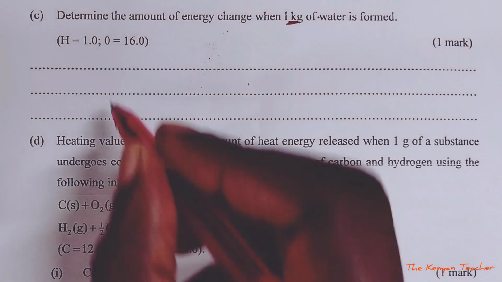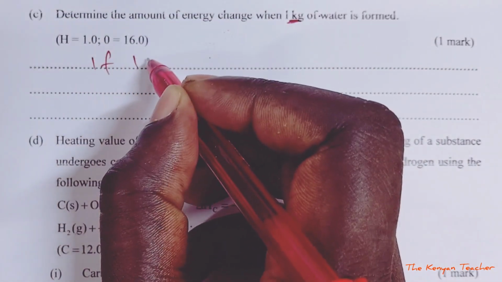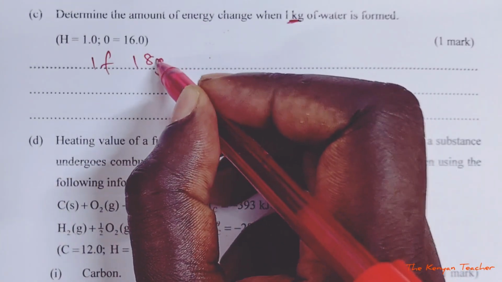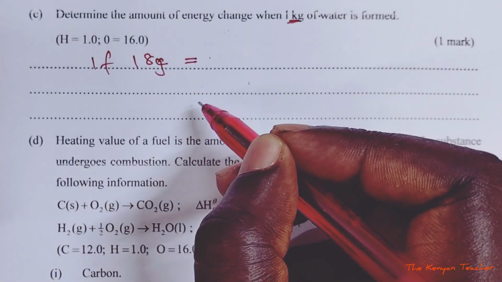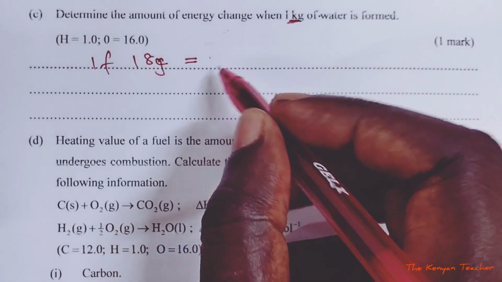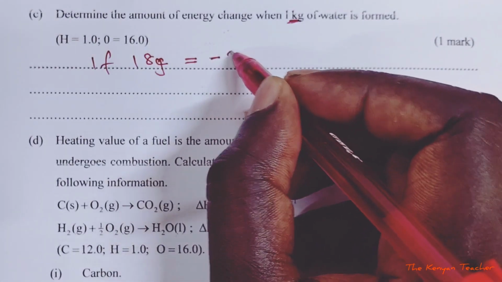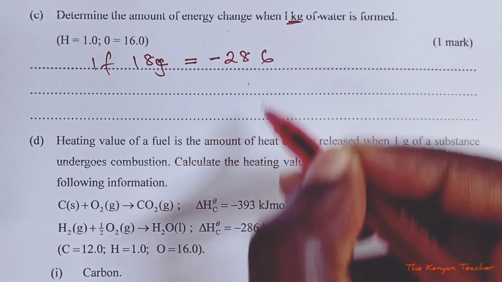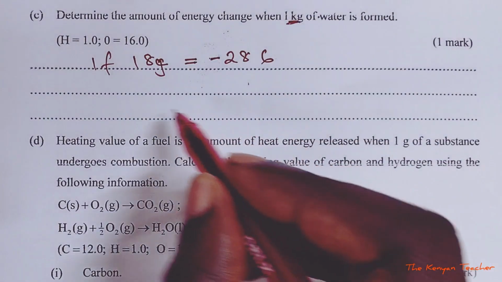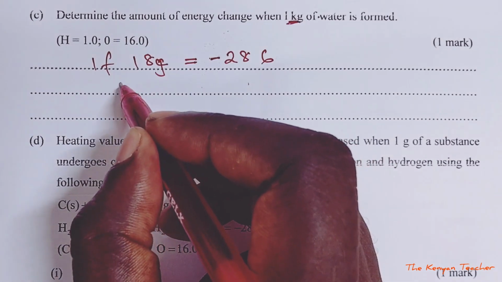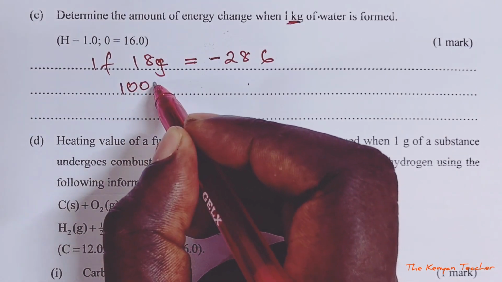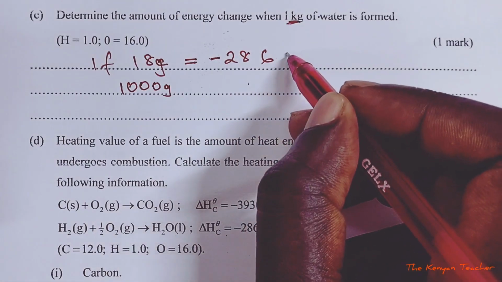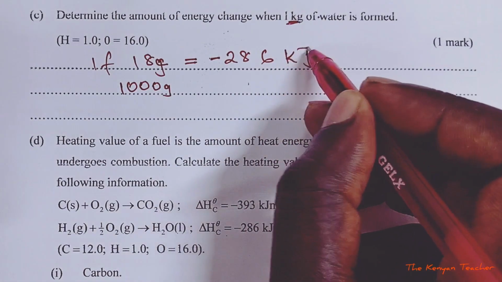So we know that the formation of 18 grams of water involves negative 286 kilojoules per mole. So here, the question is asking us about 1 kilogram, which must be, of course, converted into grams.